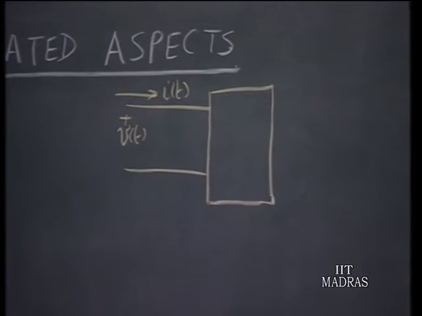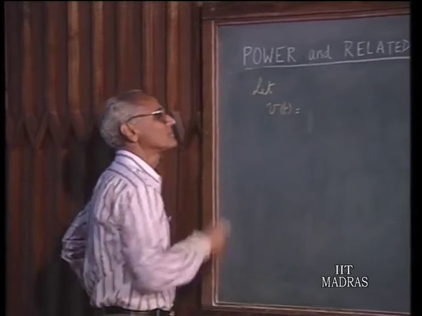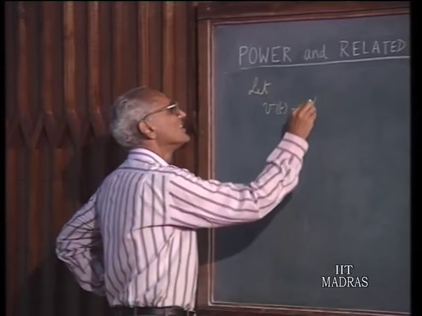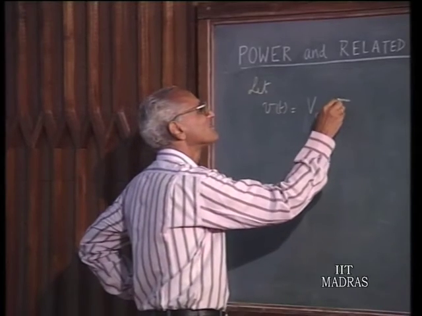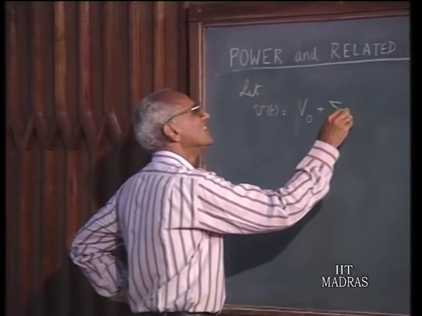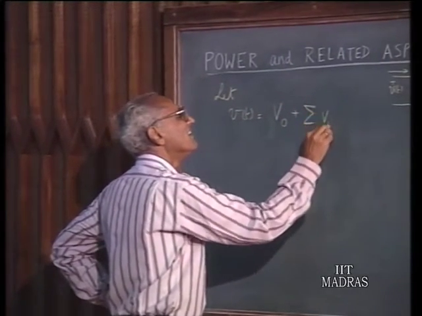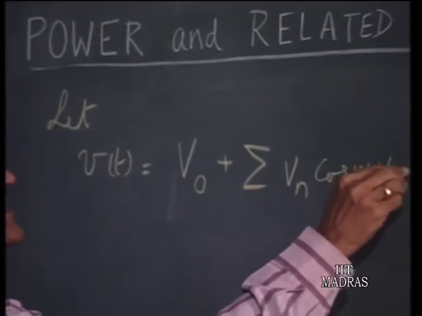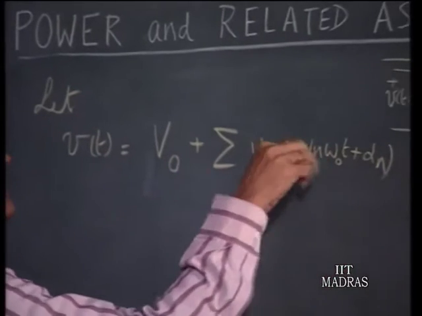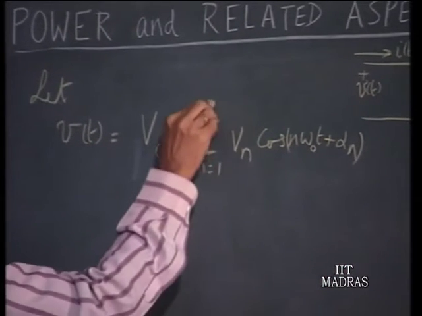Now let the voltage v of t be V0 plus the sum of Vn cos of n omega naught t plus alpha n, n ranging from 1 to infinity.